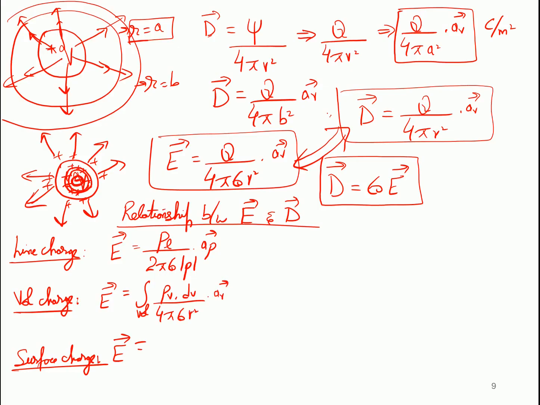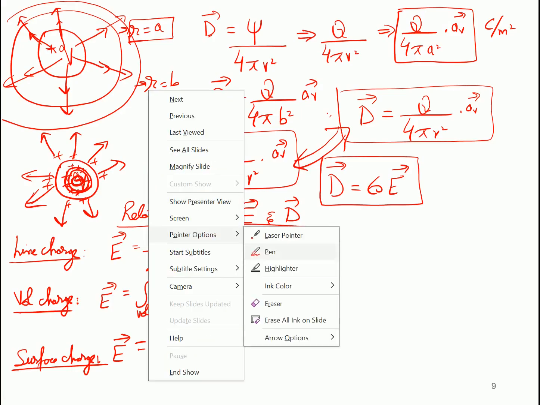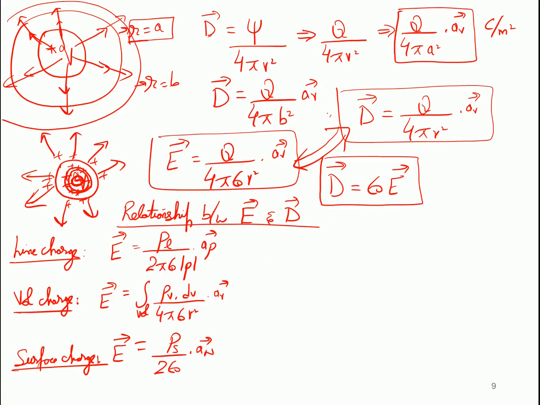Then for the surface charge density, it is going to be rho s divided by 2 epsilon times the normal vector. This means that the electric flux density for these three, for line charge, volume charge, and surface charge, is going to be the same representation without the material property epsilon, because it is going to cancel out.